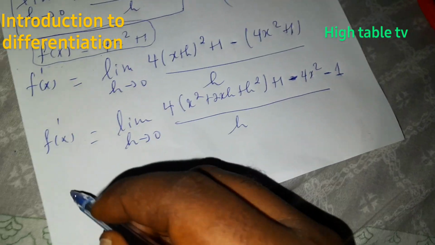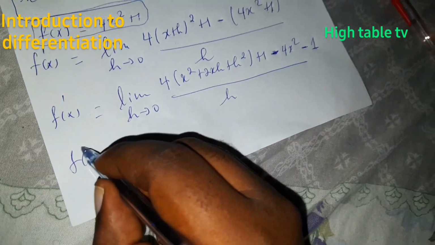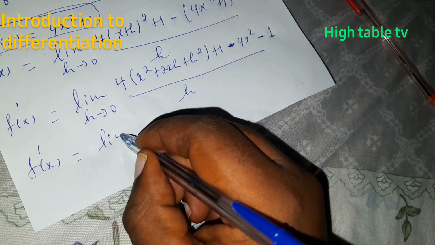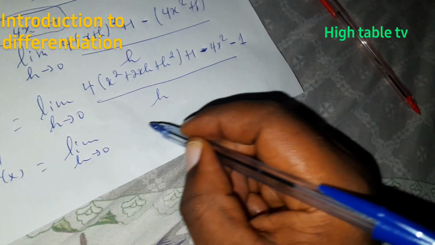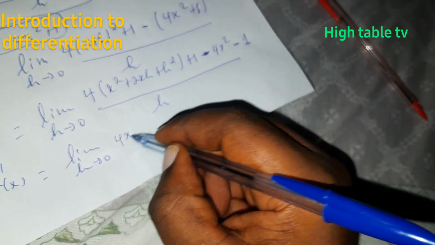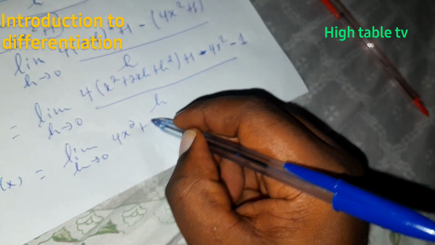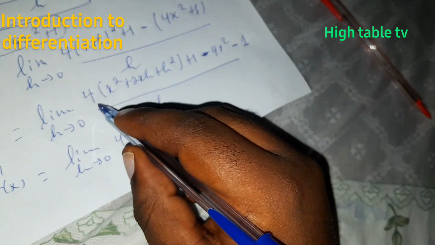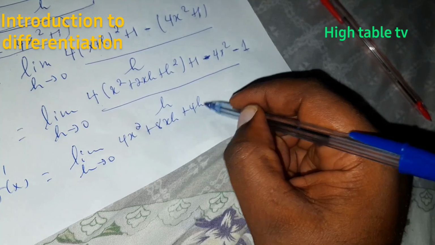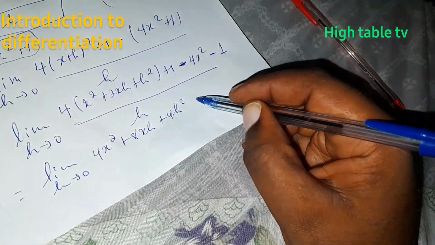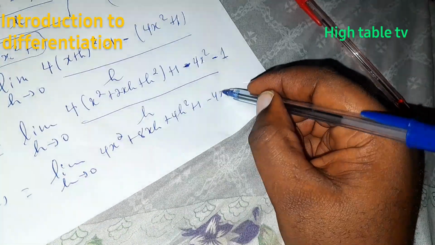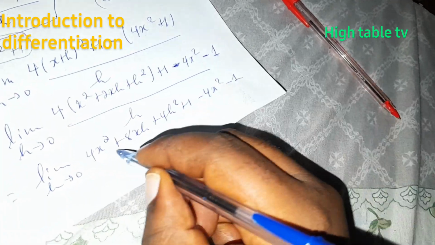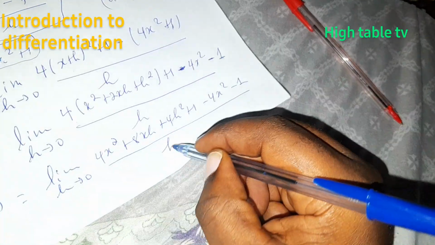So here we have f prime of x, which is equal to the limit as h tends to 0 of (4x squared plus 8xh plus 4h squared, then plus 1 negative 4x squared negative 1) over h.